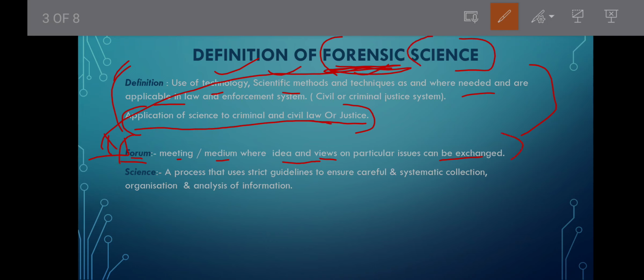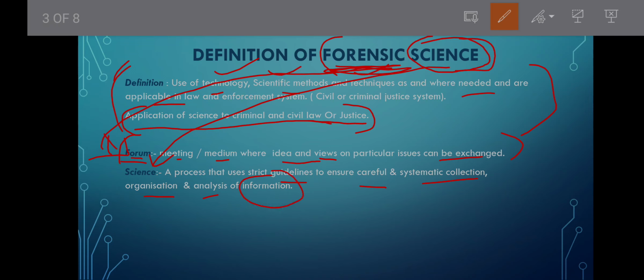Then moving on to the word science, right? We have studied science from our 5th standard till now, right? So what does the meaning of this word say? It is a process that uses strict guidelines to ensure a careful and systematic collection, organization and analysis of information.